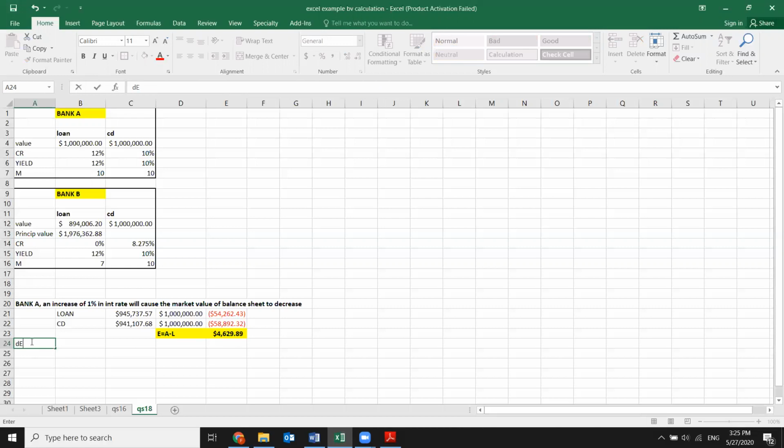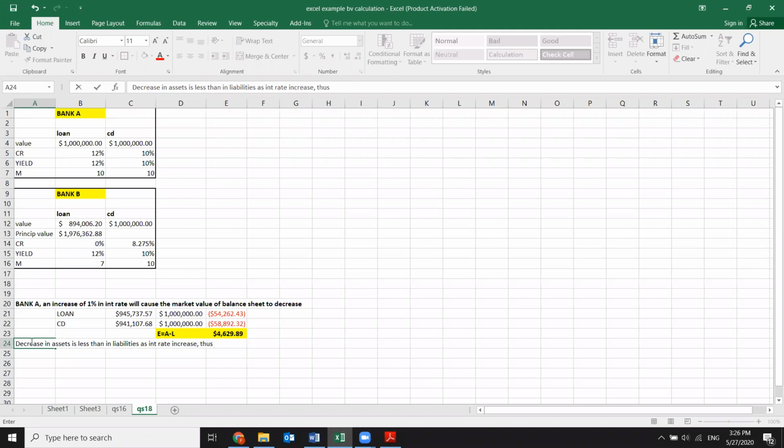Decrease in assets is less than decrease in liabilities as interest rate increases.